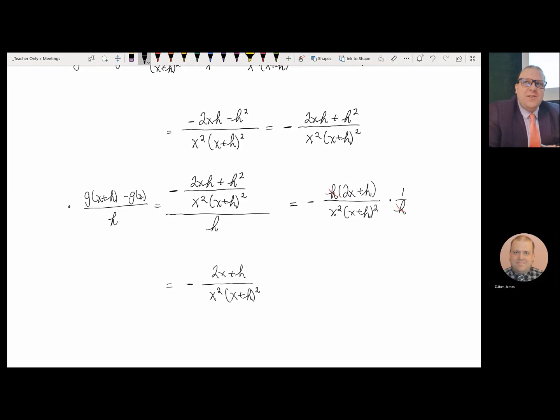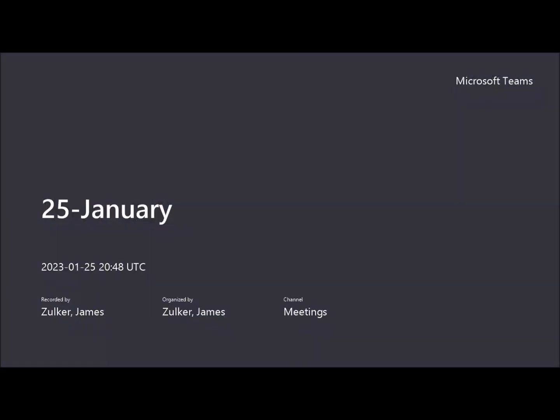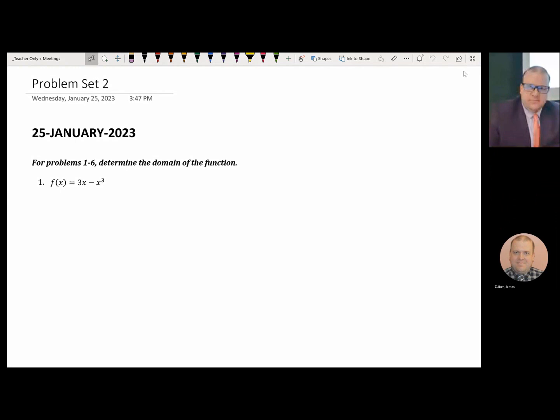All right, a first look at functions. Yes. For pre-calculus. Is that the first question?